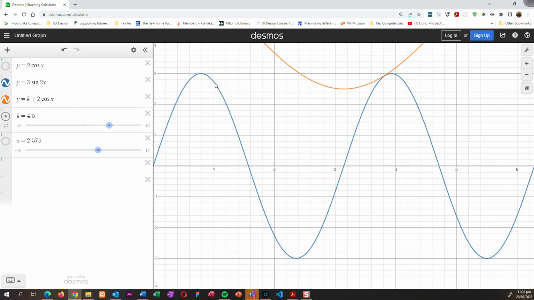So k looks like it has to be between 1.7 and 4.5. From that point upwards, we're not intersecting at all, and just below that k value of 4.5, we're intersecting twice again. So basically between this point of intersection here and this point of intersection here, the k values for that.